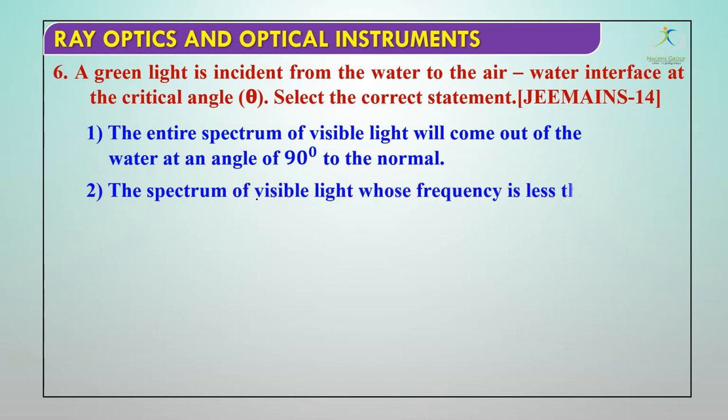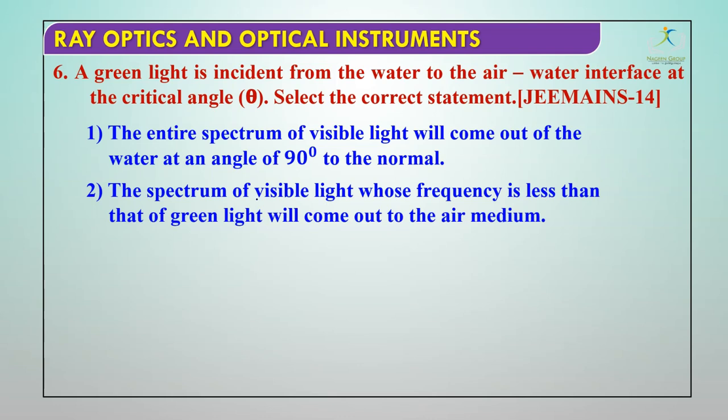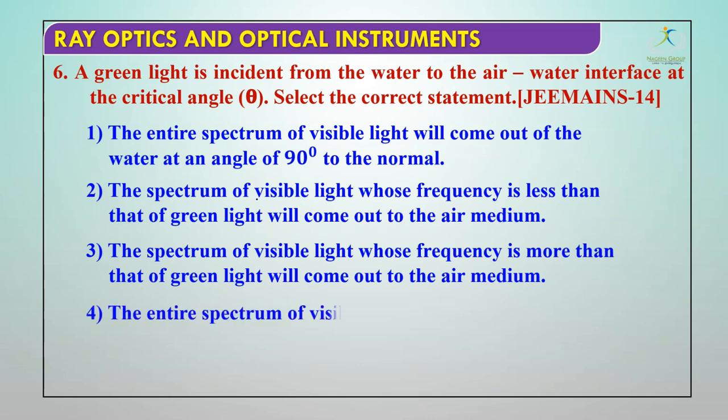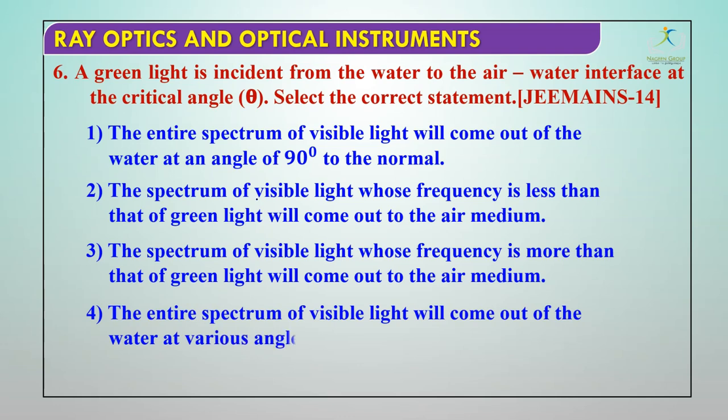The spectrum of visible light whose frequency is less than that of the green light will come out of the water into the air medium. The spectrum of visible light whose frequency is more than that of green light will come out into the air medium. The entire spectrum of visible light will come out of the water at various angles to the normal.